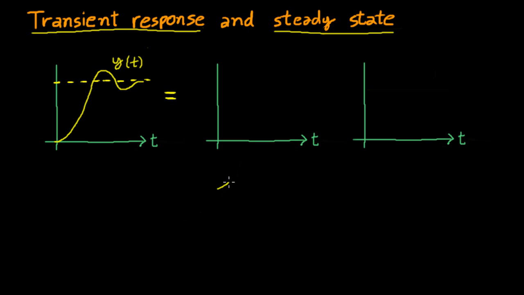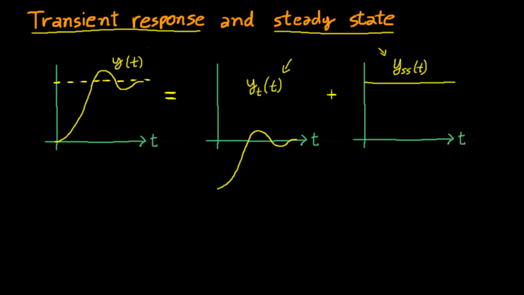One is like this, and this is yt of t, plus another signal, which in this case is constant, and this is yss of t. So y of t is equal to yt of t plus yss of t. y of t is the transient response, and yss of t is the steady state.